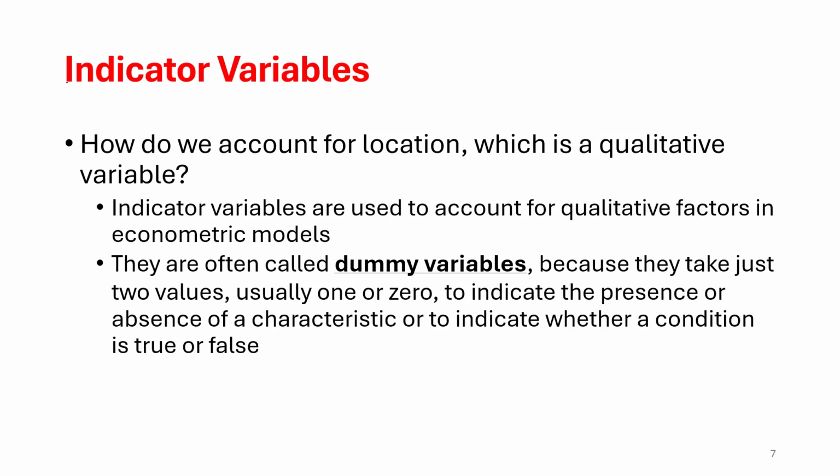Some textbooks use the word dummy variables. This is the same thing. This is the technique to account for qualitative factors by assigning the value of qualitative factors to be 1 and 0.